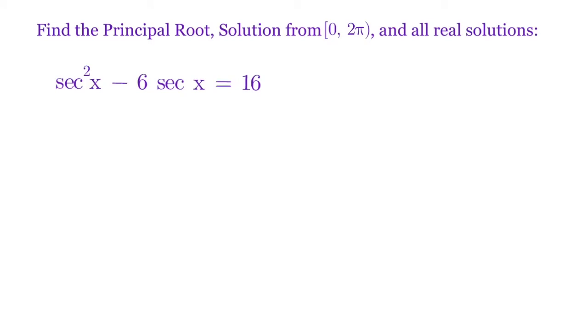So for this problem, we're supposed to find the principal root and the solution from 0 to 2 pi. We're not going to do all real solutions because of the complicatedness of this function.